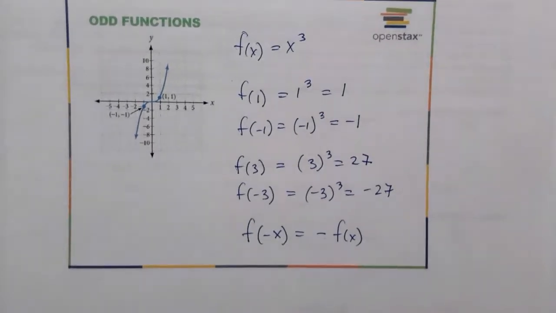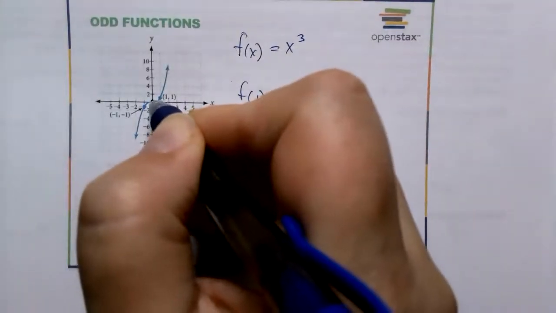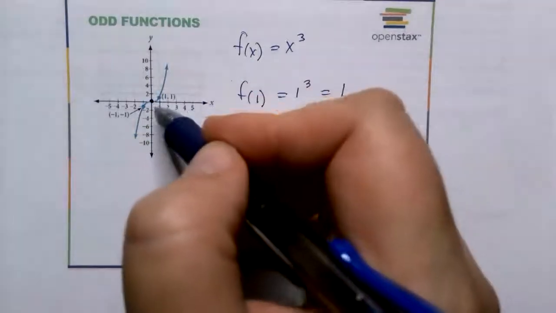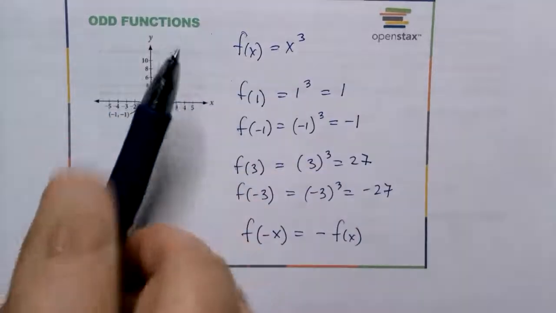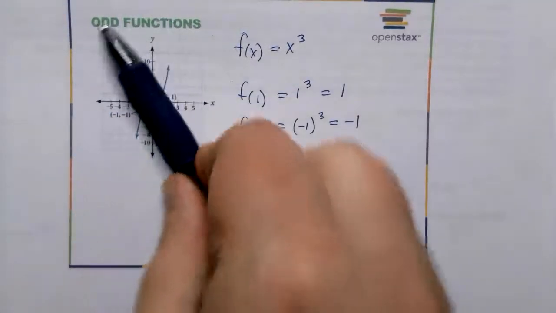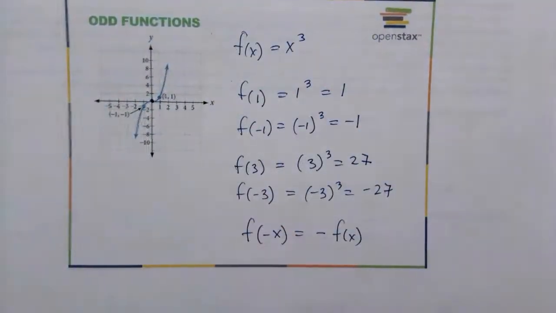Now, from the graph, you can recognize such a function because it is symmetric, but in a different way. It's symmetric about the origin. What that means is that if you take this branch of the function and rotate it 180 degrees, then you're going to get the second branch.